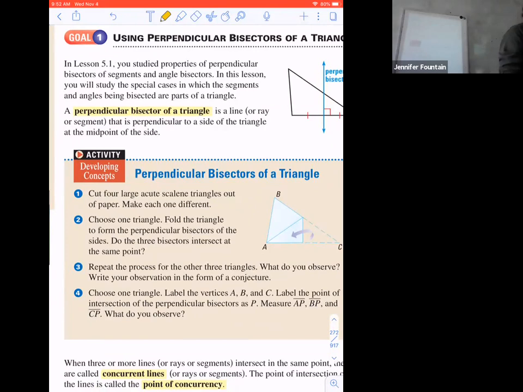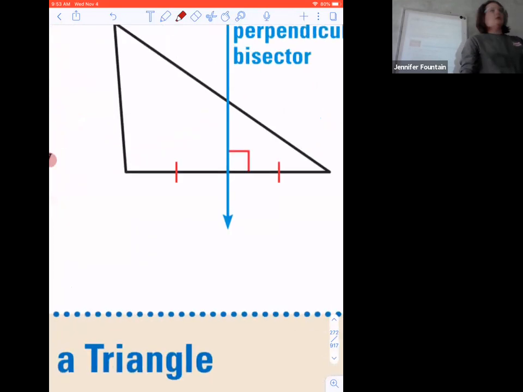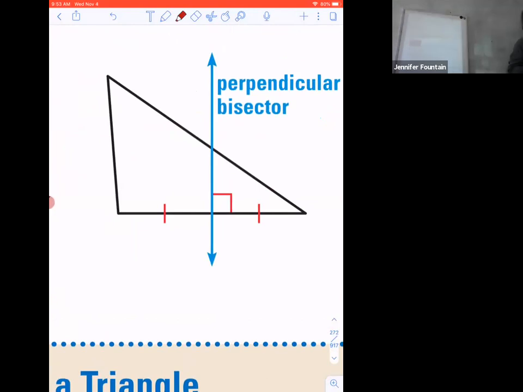So it says a perpendicular bisector of a triangle is a line or a ray or a segment that is perpendicular to a side of a triangle at the midpoint of the side. What do I know about a midpoint of a side? Midpoint equals middle.